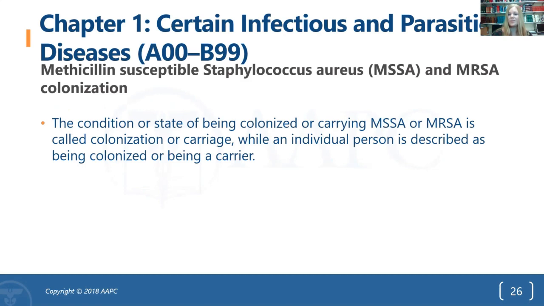MRSA is a subgroup of Staph aureus that is resistant to a range of antibiotics, including penicillin antibiotics, and it first appeared in 1961, soon after the introduction of the antibiotic methicillin, which is no longer used. Since then, MRSA has spread around the globe and has been particularly associated with hospitals.